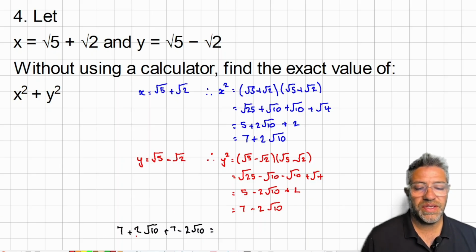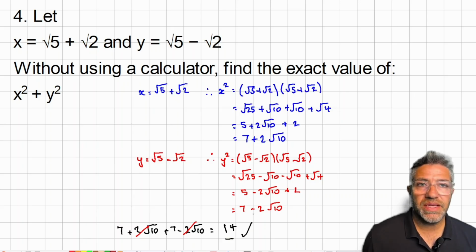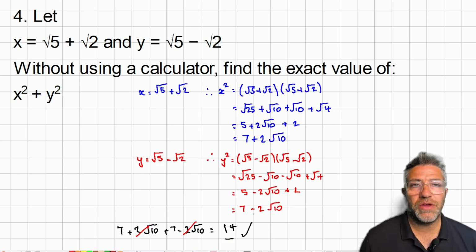For consistency, I use my different coloured pen. Plus 2 root 10 minus 2 root 10 will cancel out. So I'm left with 7 add 7, which is 14. And there we have it, an introductory lesson to surds beyond the basics.